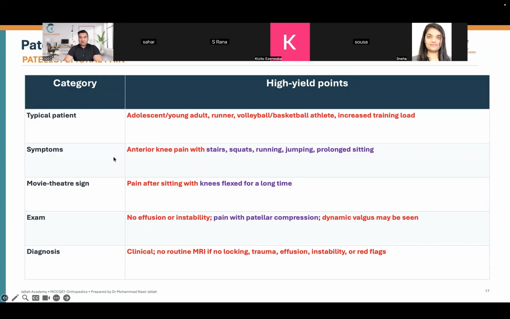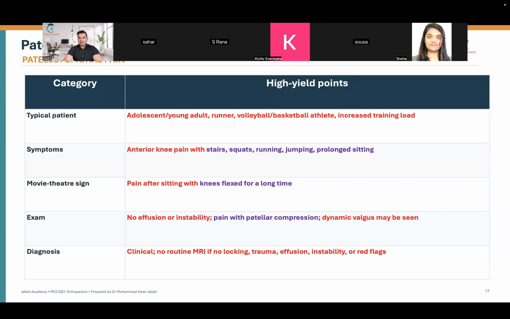Symptoms. Now, how should I differentiate this in terms of location? Remember, for meniscus, we had pain in the knee, but the pain should be at the joint line, right? They mentioned the joint line. But this one, remember, it is very characteristic to mention that it is anterior knee pain.